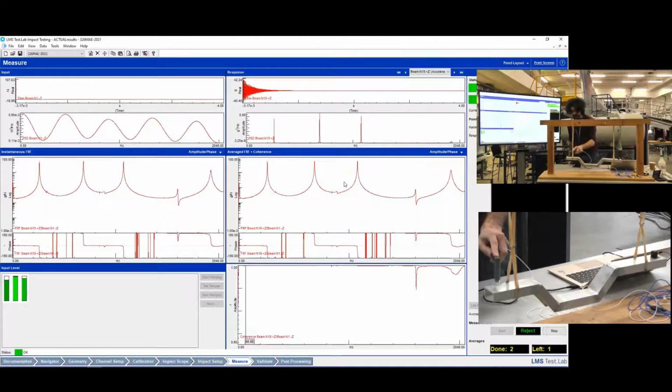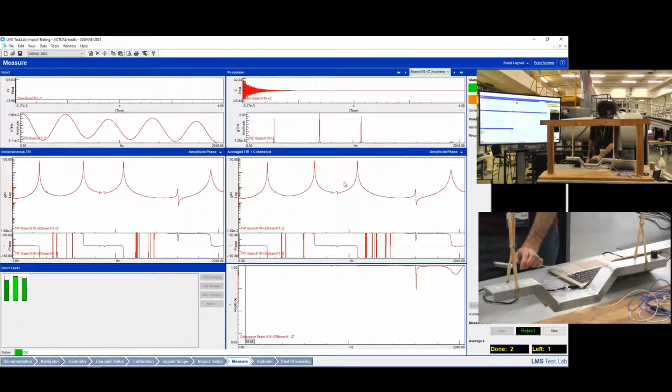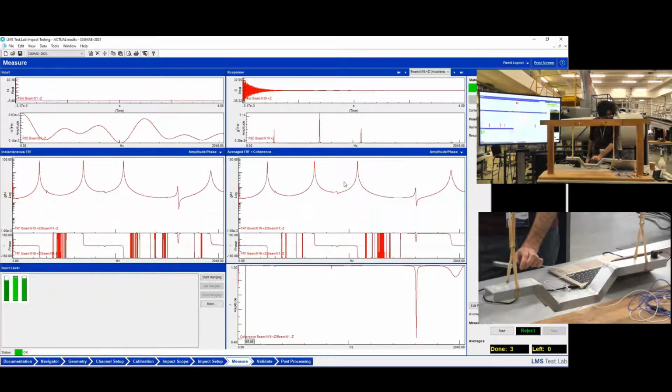Again, okay. Now this is the last one, and this is the average of the 3. Of course, since these were 3 good impacts, I got a good average as well.